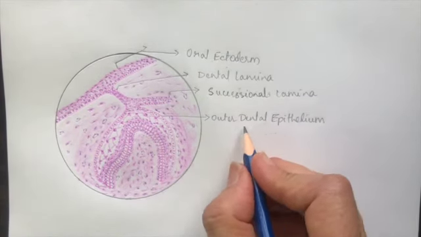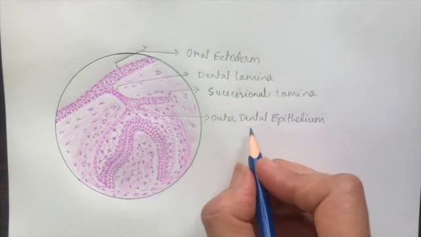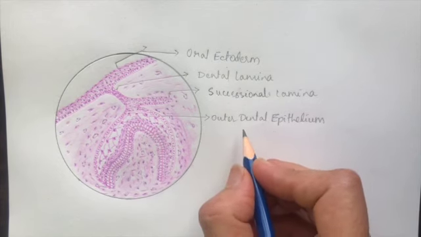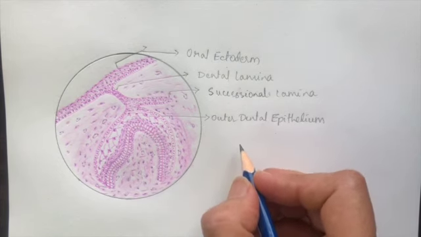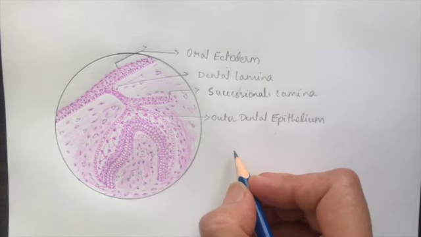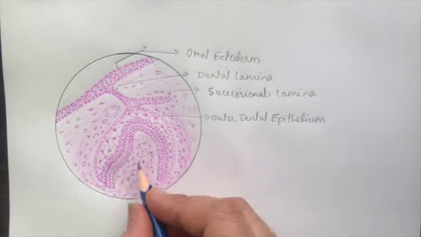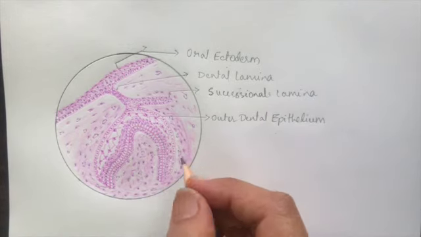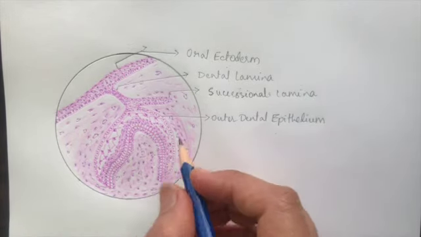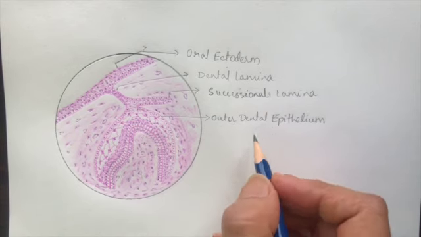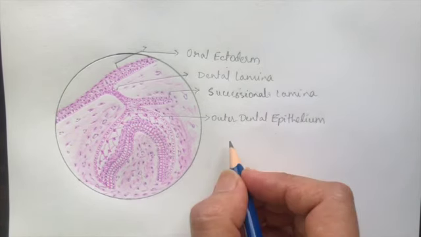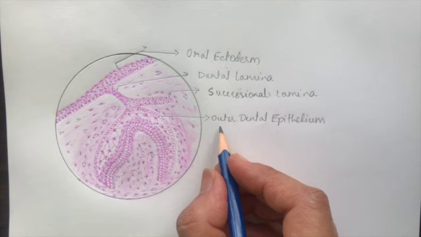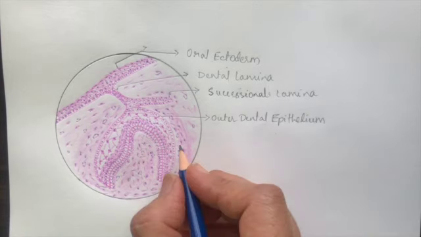Previously these were called as outer enamel epithelial cells, but recently, because they don't just form enamel, they also are needed for the formation of dentin. Because of the influence of all these enamel organ or the dental organ cells, we have the dentin forming. So because of this interaction, it's called as dental epithelium now on. So we prefer using the term outer dental epithelium.